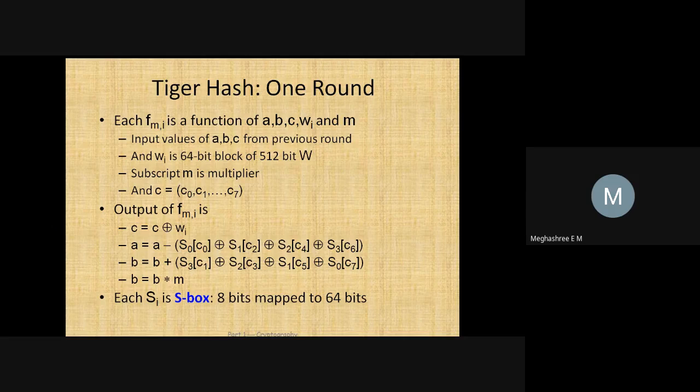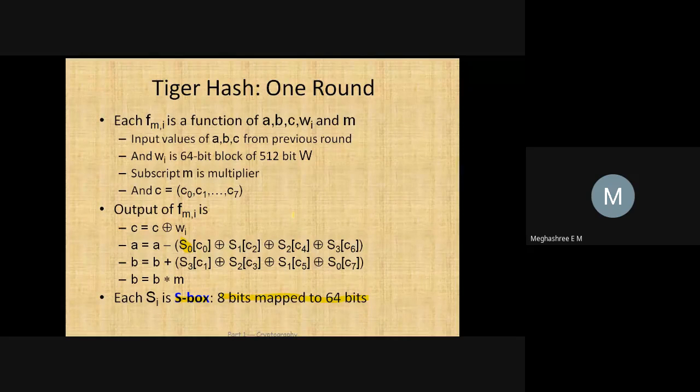So what is this S? This Si we call an S box in the Tiger hash function, where each 8 bits map to 64 bits. But it is considered for the calculation part. Fine. So whatever I discussed here involves many rounds, right?